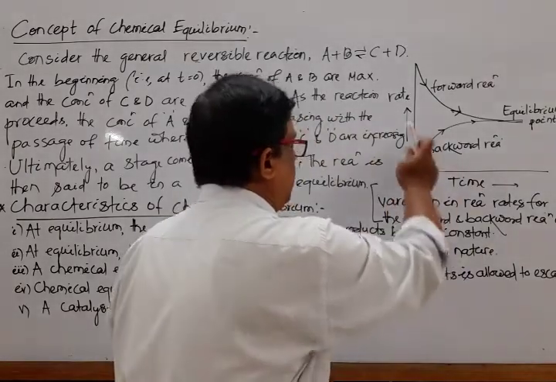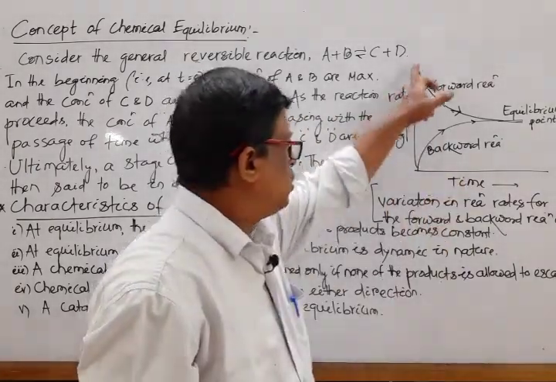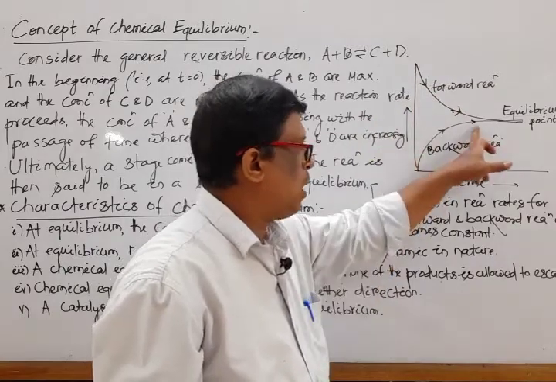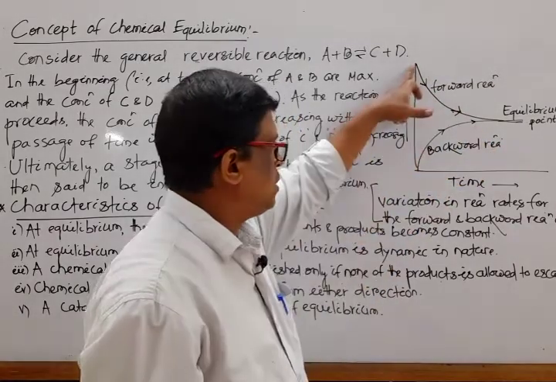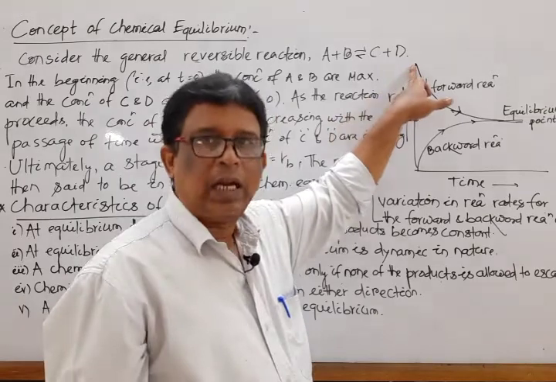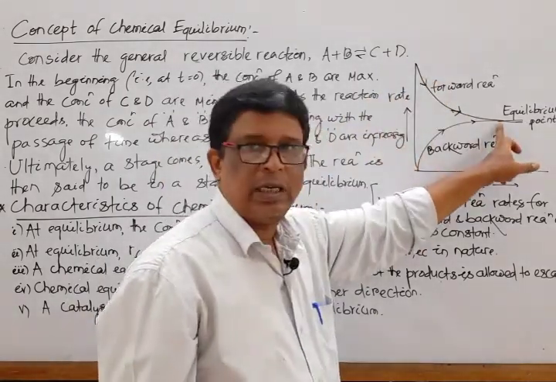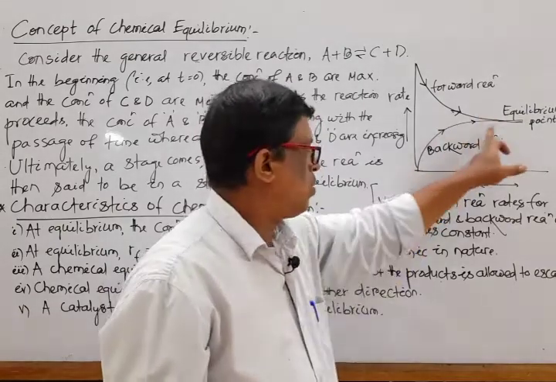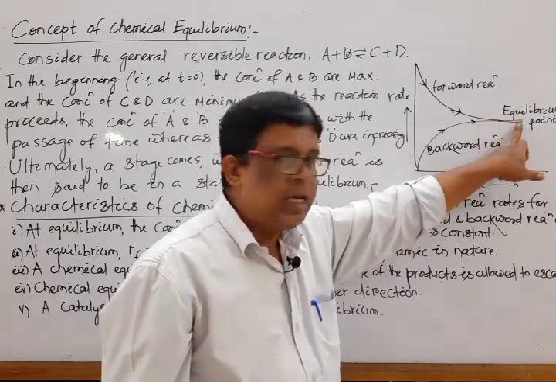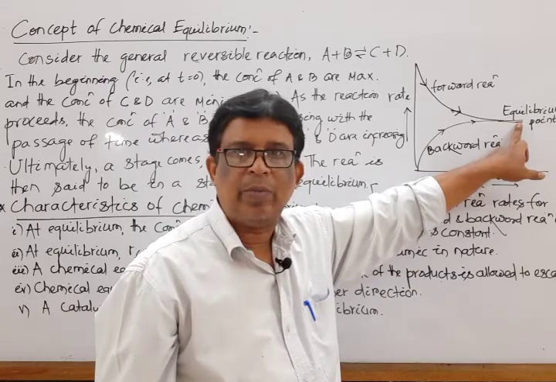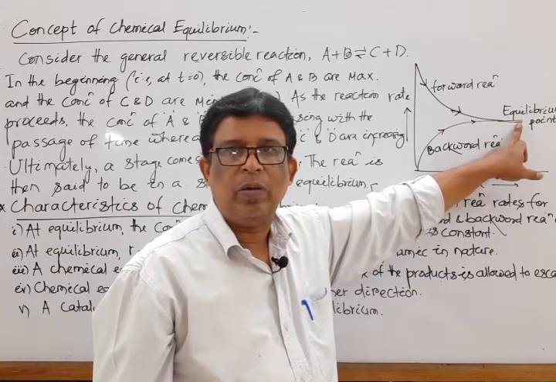If we plot a graph of rate versus time, this is the forward reaction and this is the backward reaction. Initially, the concentration of reactant is maximum, while that of product is minimum. When time proceeds, reactant concentration gradually decreases, while product concentration gradually increases. And the point when RF is equal to RB is known as the equilibrium point.